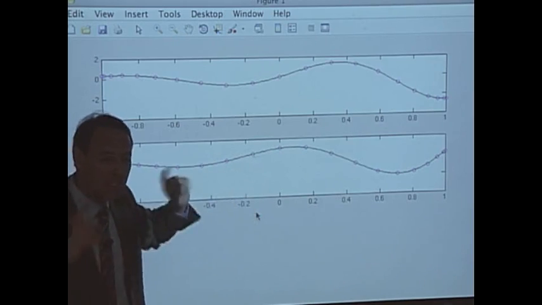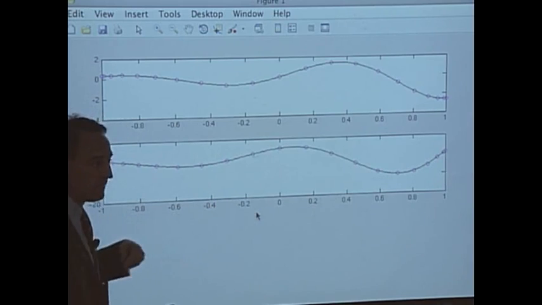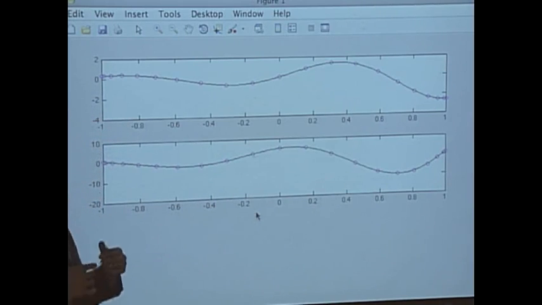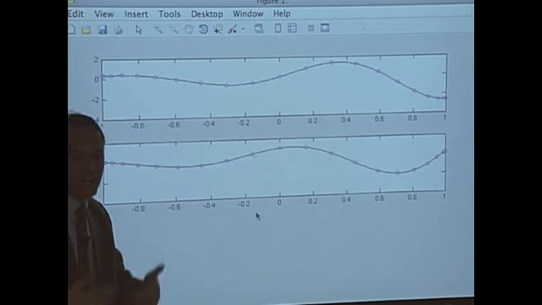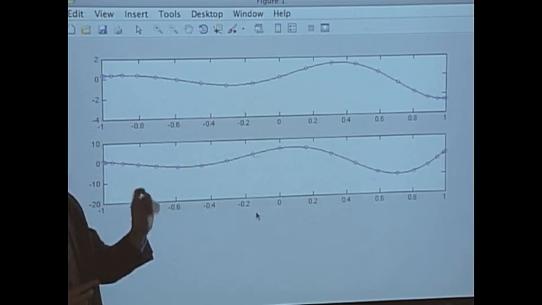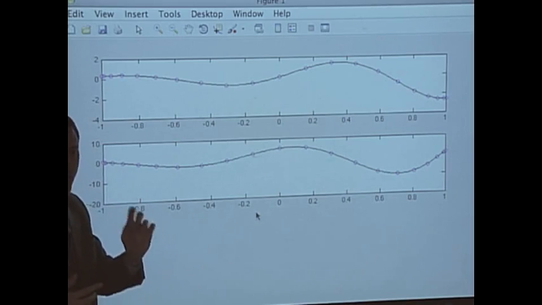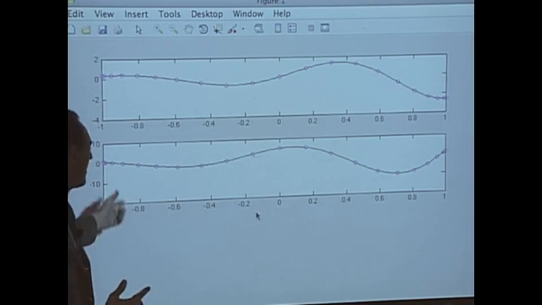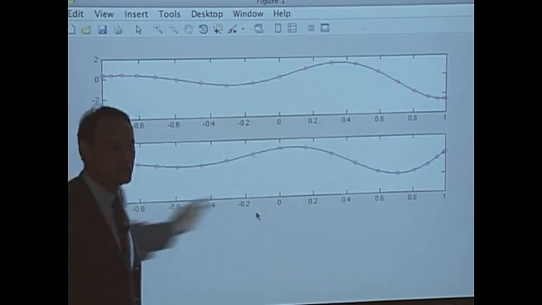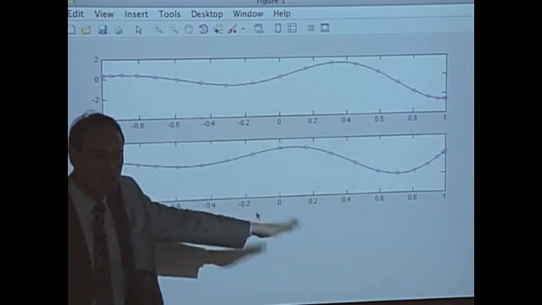That's impressive. Only 20 points to get the whole thing. If I wanted 10 to the minus 8 accuracy, which is basically what this is giving me, I would need to take my dx to be 10 to the minus 4. So I need 1,000 points per 1 unit, so I'd need 2,000 points here to get the same accuracy. 2,000 points versus 20.